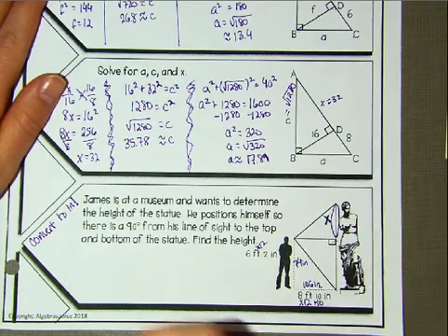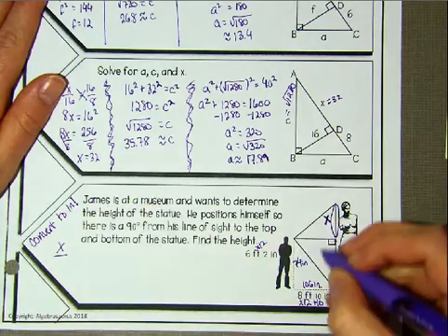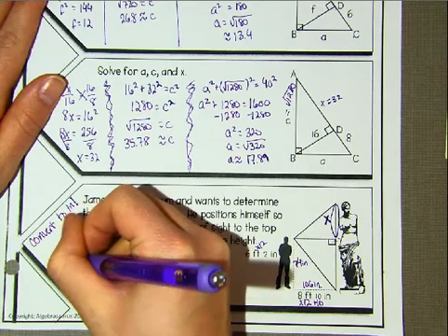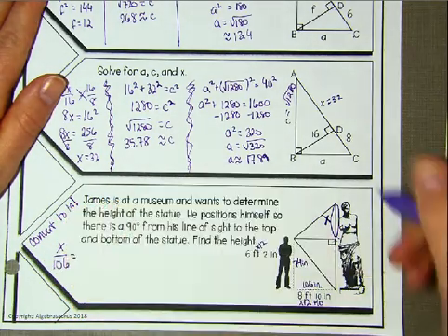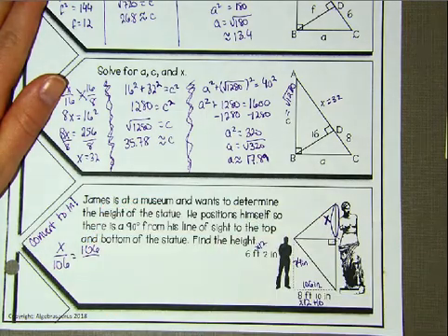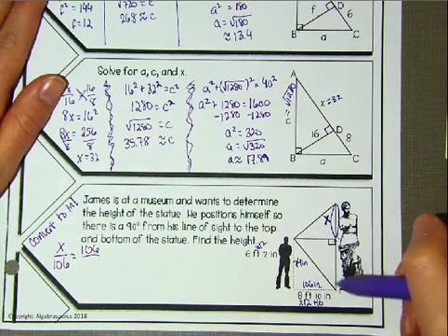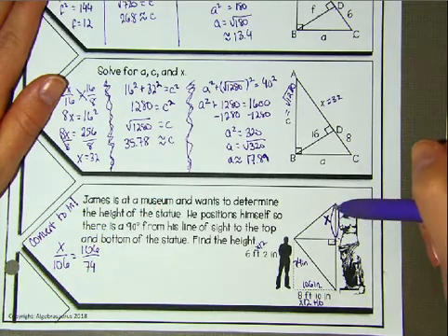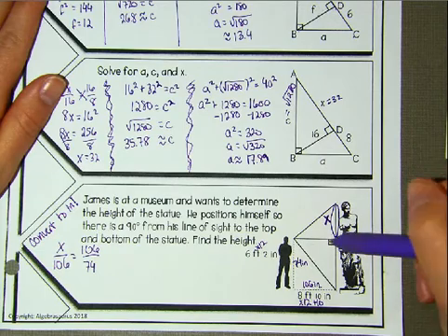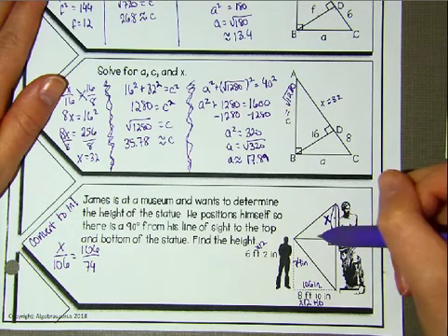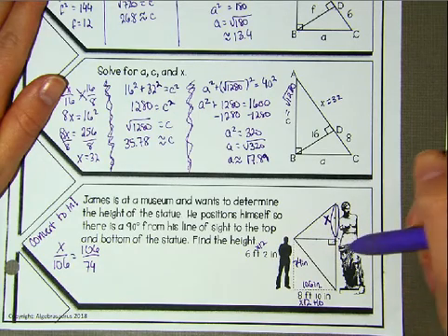So that tells us that x over the altitude, which is 106, is equal to this altitude, 106, over 74. Because if we're looking at this triangle and this triangle, x corresponds with the altitude, and the altitude corresponds with this.